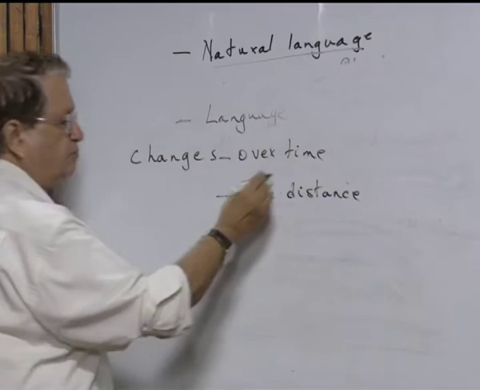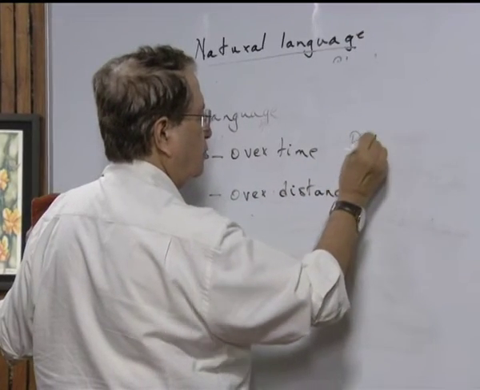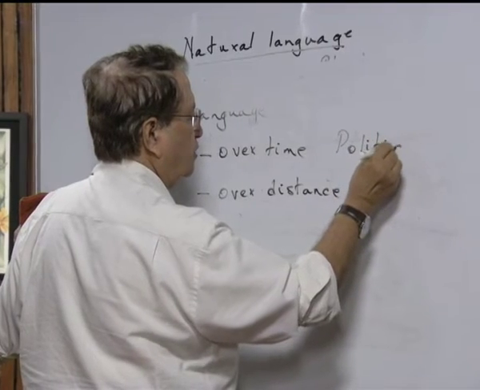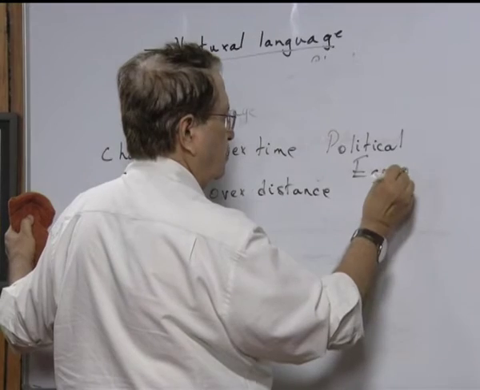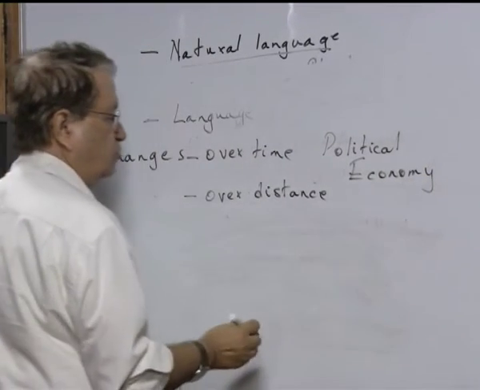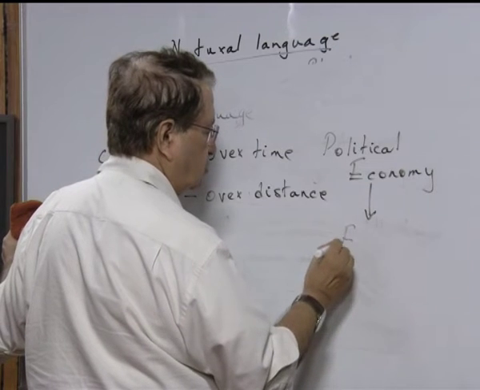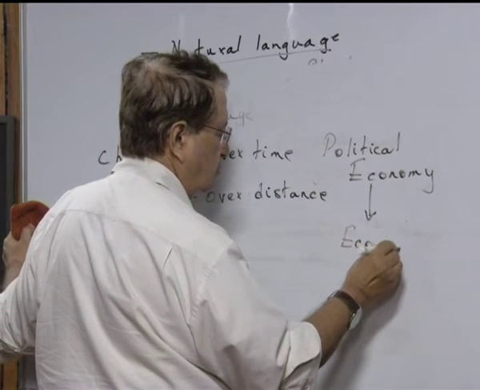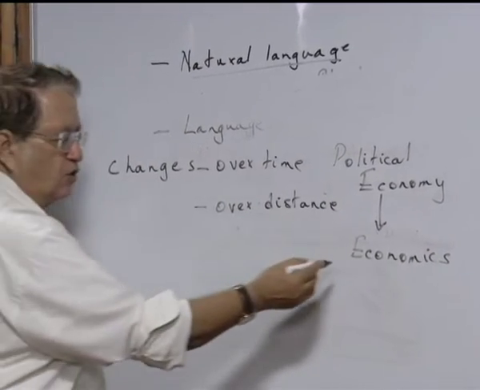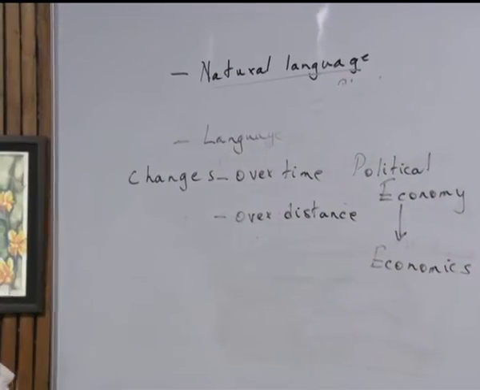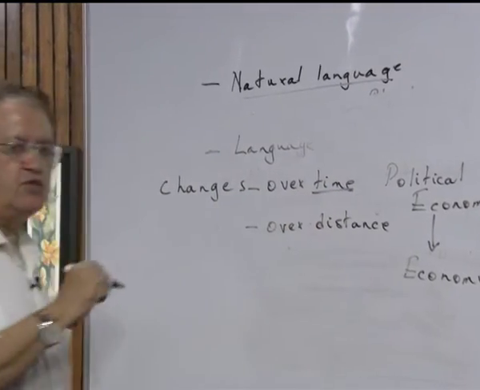The same term, for example, the term political economy was used for what we call economics today. What we call economics today was earlier known as political economy. So, this is an example of changing of terminology over time.